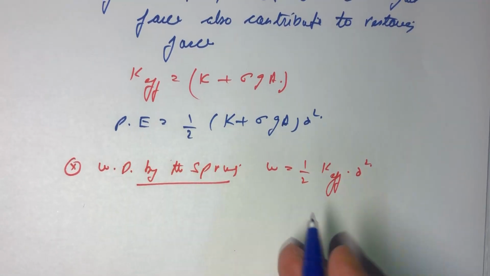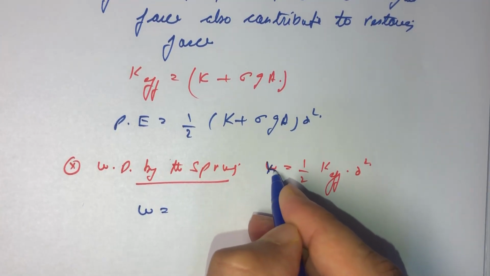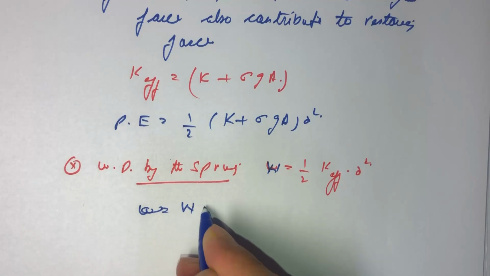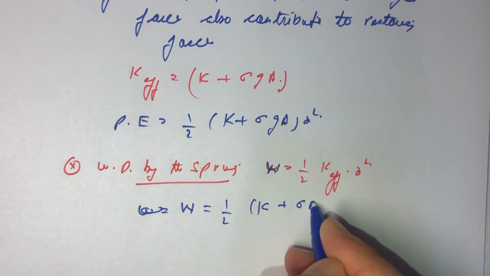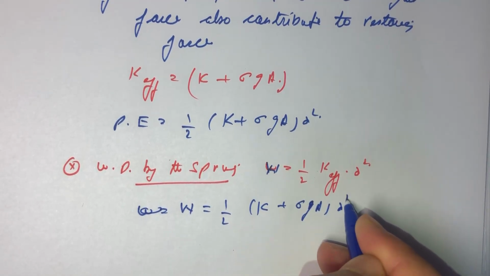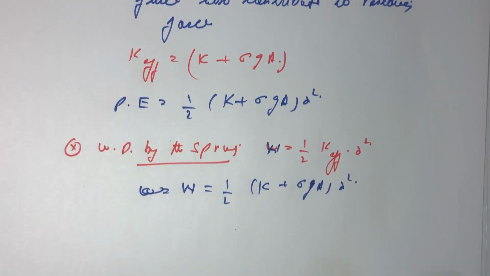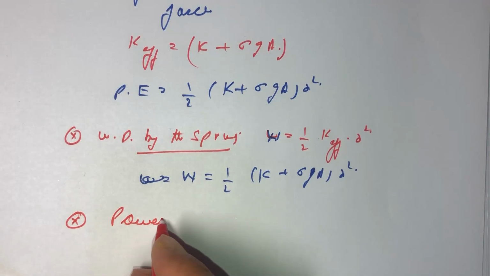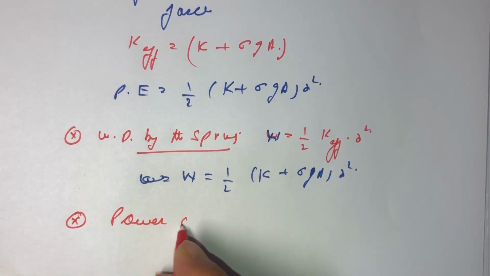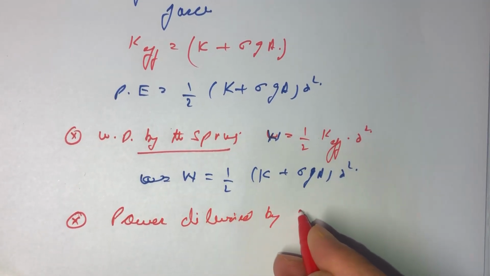K effective we just found out, so W is equal to half k plus sigma g A times x square. And we can find out the power delivered by the spring also.